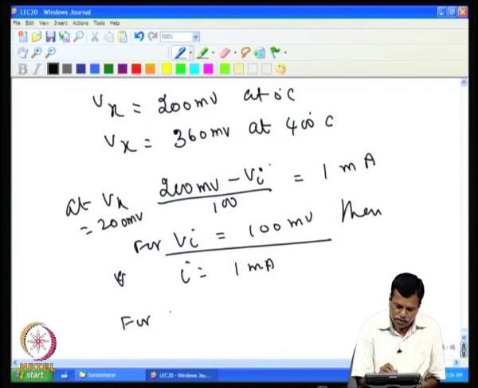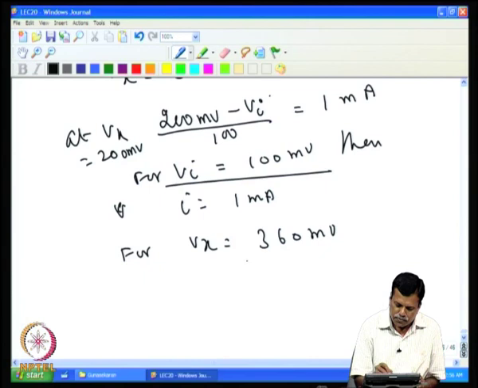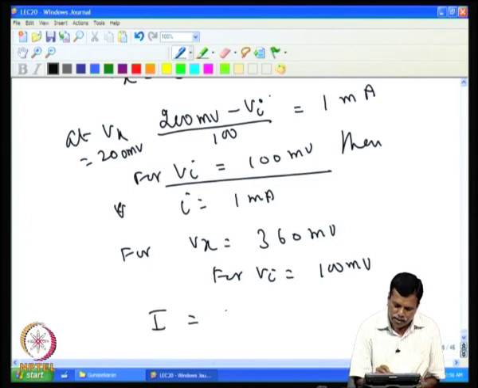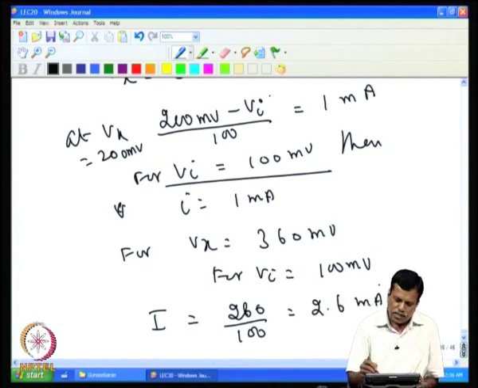For Vx equal to 360 millivolt, with Vi equal to 100 millivolt, I will become 260 divided by 100, that is 2.6 milliamps. So, this ratio can be made such that this comes as 1 milliampere and this comes as 17 milliampere.